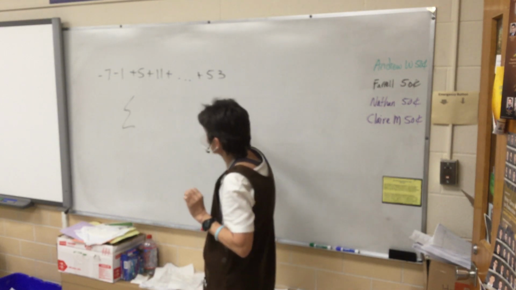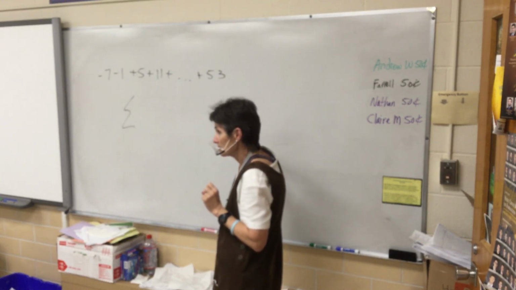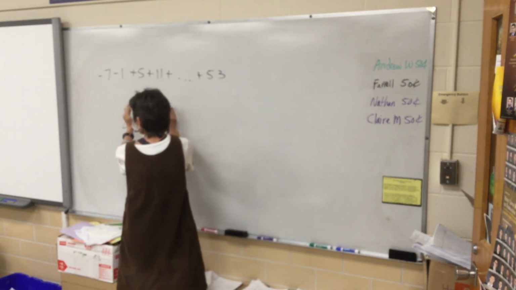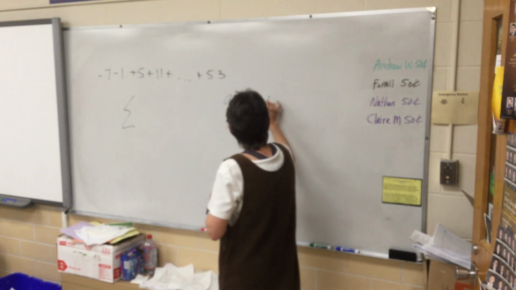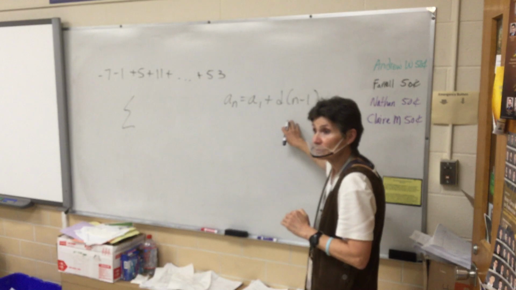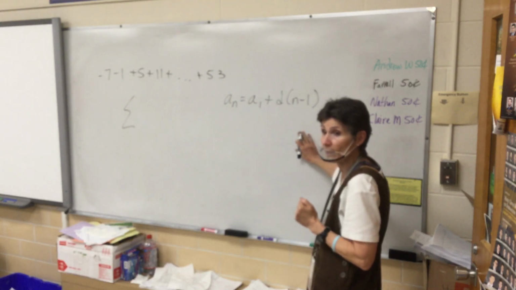What kind of series do I have up here? Arithmetic. And I'm trying to come up with an expression for the terms. And I know that an arithmetic sequence can be described with this formula. These are the terms of an arithmetic sequence.